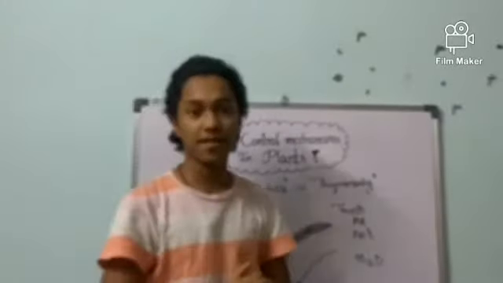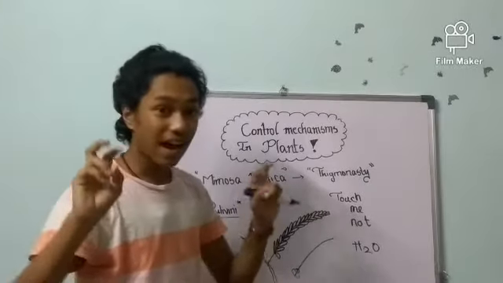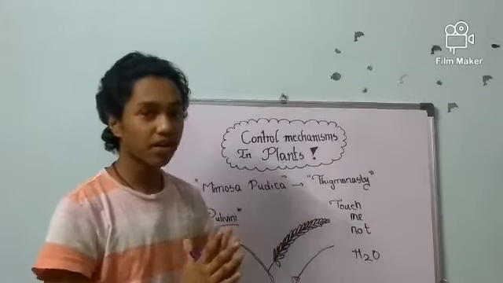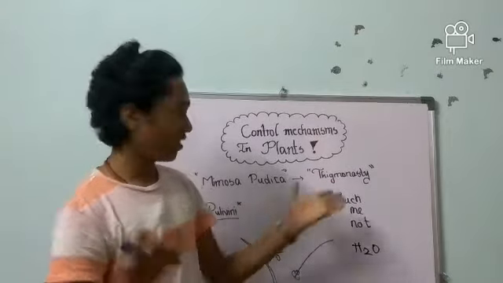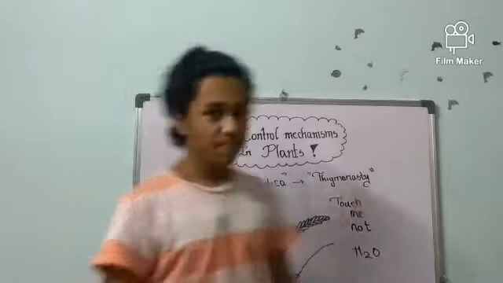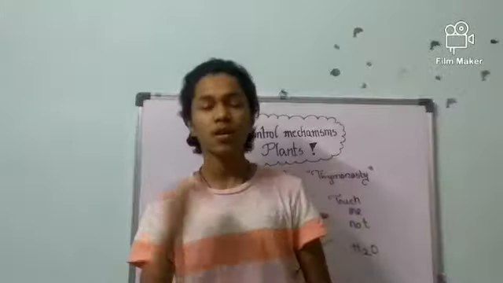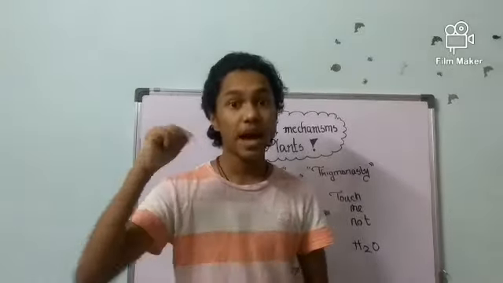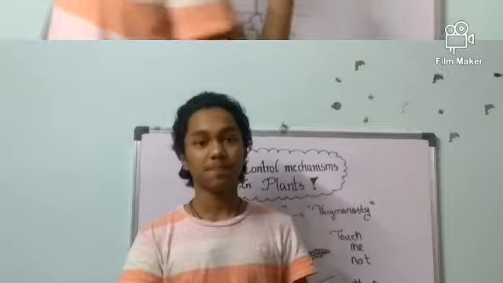This is what happens in the touch-me-not plant, and this kind of process is known as thigmonasty. So it is a nasty word, but still it's thigmonasty. That is the touch-me-not plant phenomenon.